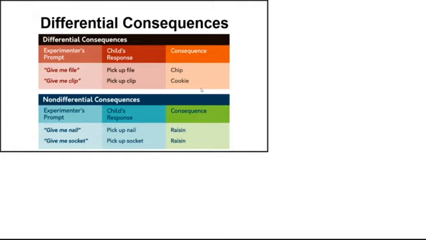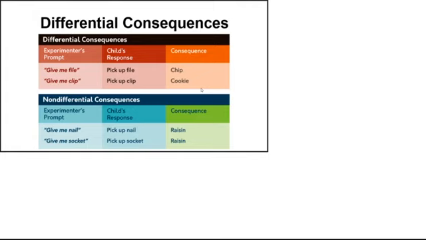So if we look at our first example here, our differential consequences, we have an experimenter who's working with a child. And so they would have, on the first line, their antecedent is to ask the child to give them a file. And then if the child's response or behavior is to pick up the file that they were asked for, then the consequence or outcome would be that the child gets a chip.